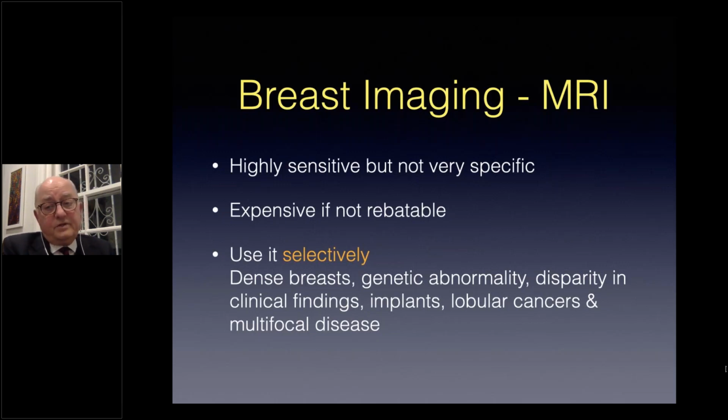For instance, if a patient is referred with a 2-centimeter carcinoma of the breast and they're examined and it feels like a 5-centimeter carcinoma, people with implants, because it helps to separate issues related to the implant from other breast pathologies, and particularly with lobular cancers and multifocal disease, to try and sort out if the multifocal issues are cancerous and if there is lobular cancer, which is notoriously difficult sometimes to diagnose on conventional imaging.